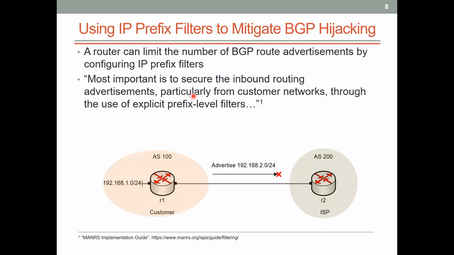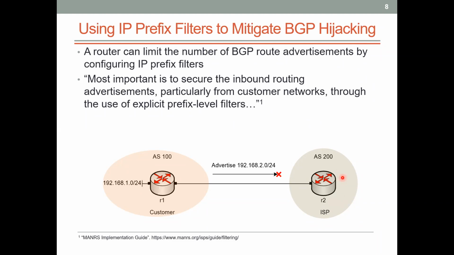So now, how do we mitigate BGP attacks? One possible solution is to use IP prefix filters. These can limit BGP route advertisements by configuring IP prefix filters. For example, let's say the customer here owns the network 192.168.10/24.